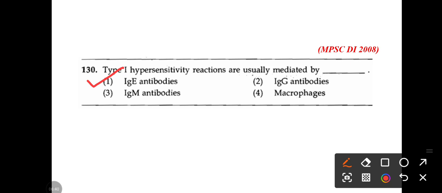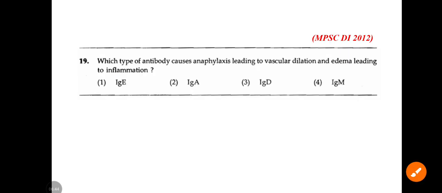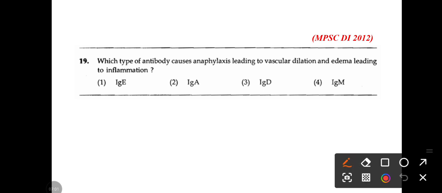The next one: which type of antibody causes anaphylaxis leading to vascular dilation and edema leading to inflammation? That is again the same question. They have given the anaphylaxis type of reaction and ask which immunoglobulin is responsible. Again, that is your IgE.